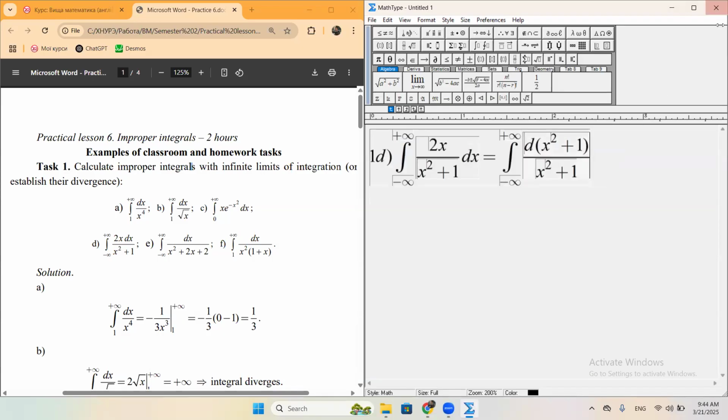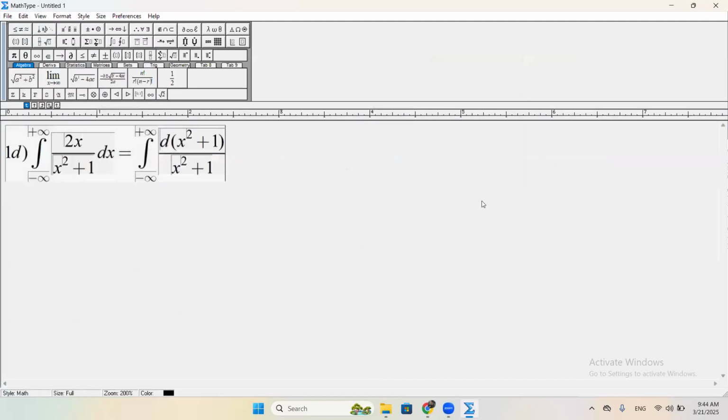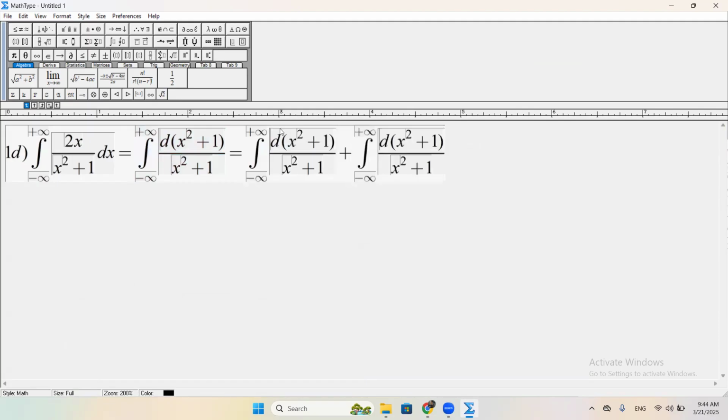And now integrating. By the way, we also need to split it into two integrals: from minus infinity to 0 and from 0 to plus infinity.